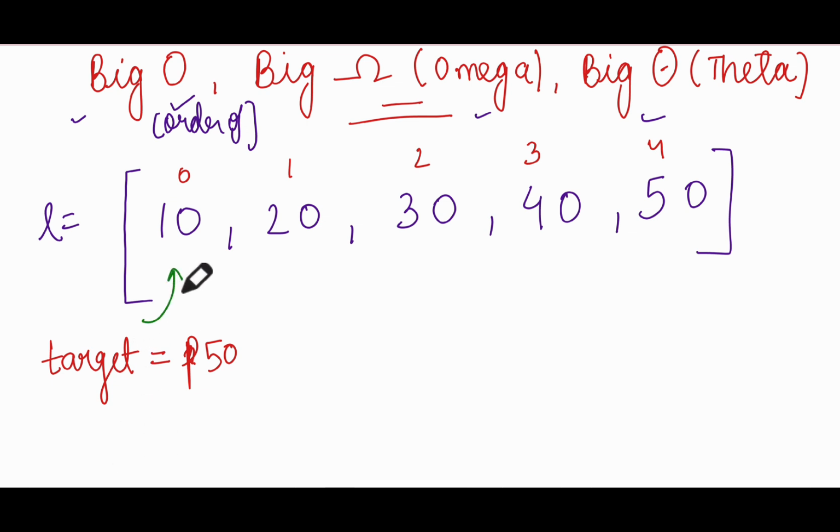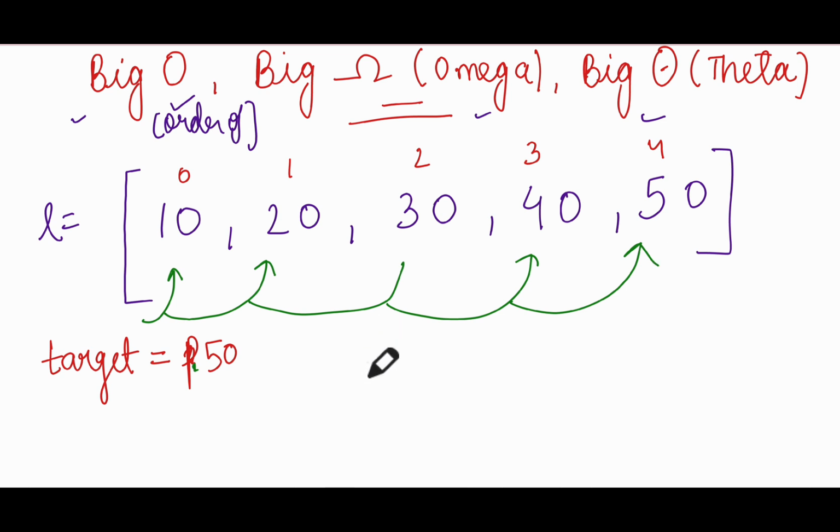Then it is checking, is it equal to the target? If yes, it will return, otherwise it will move to the next one, till it finds that particular number, which is our target. So in short, we are going to each element one by one, and if it finds the element, it is returning the index. Simple.